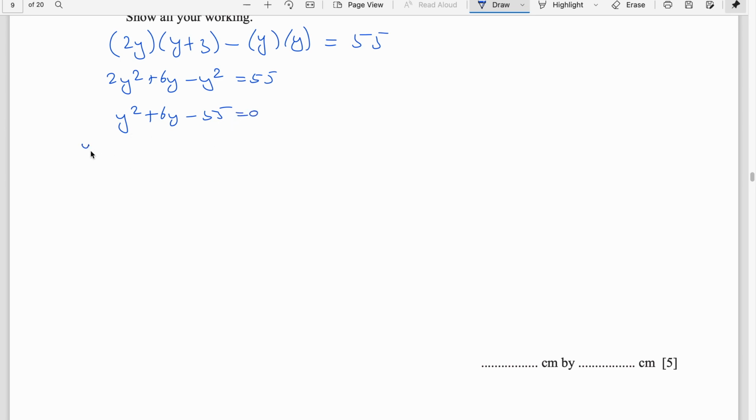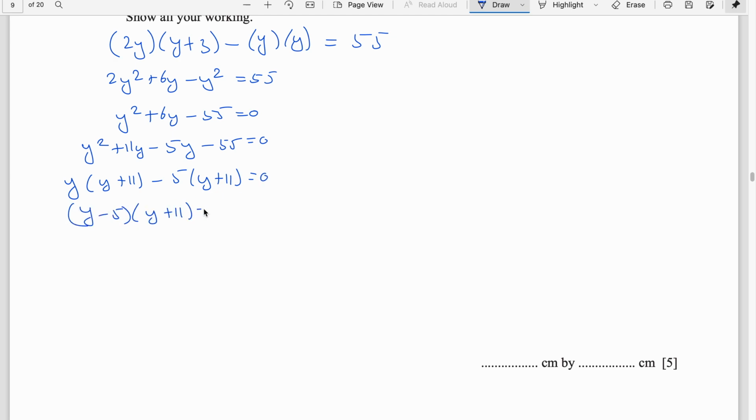Going for middle term breaking, y squared plus 11y minus 5y minus 55 is equal to 0. y plus 11 minus 5, y plus 11, so (y minus 5)(y plus 11). y is equal to 5 from the first factor, y is equal to minus 11 from the second factor. y cannot be negative, that's a length, so it is rejected.